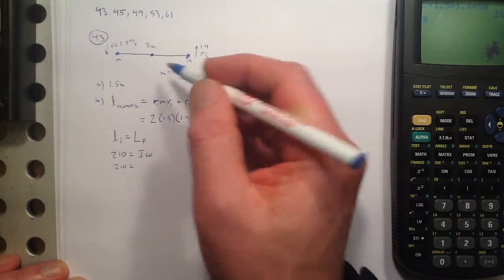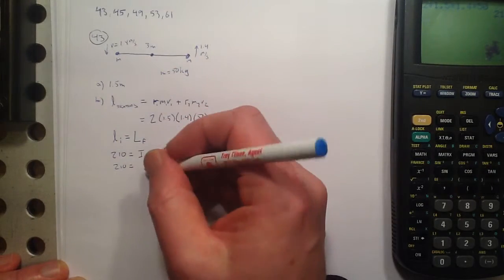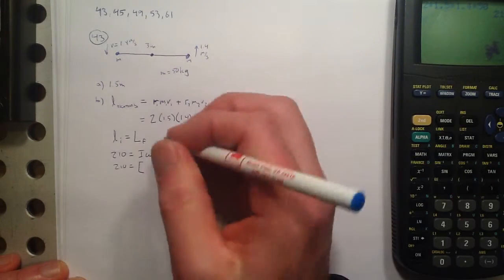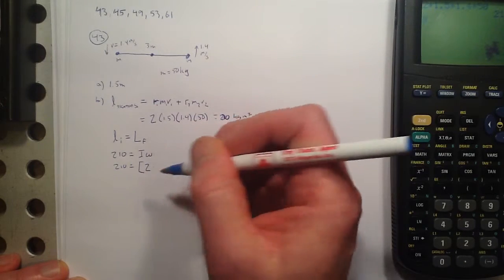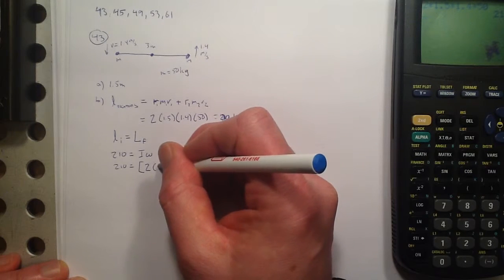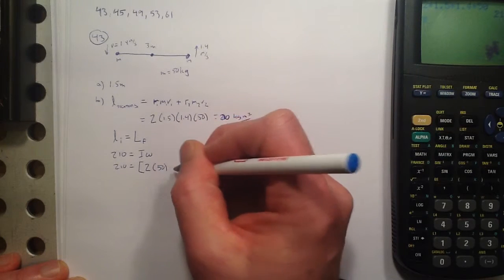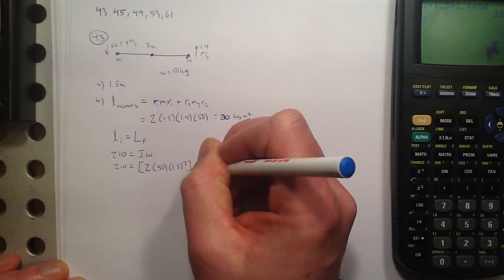For two particles, the rotational inertia is just m r squared plus m r squared, and they both have the same m r squared, so that's 2 m r squared times omega.